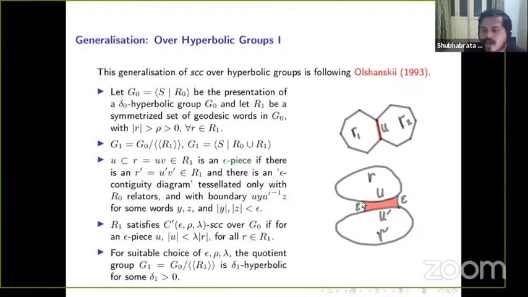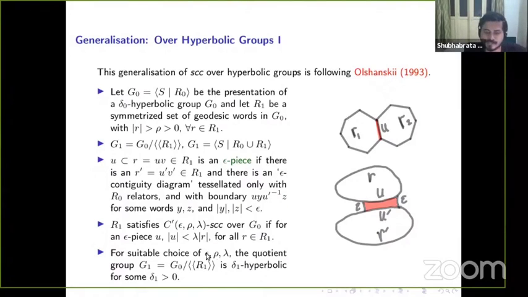So there would be large, long overlaps with the R1 relators of R naught relators, possibly. We want to avoid that. So we are looking only at R1 words, and R1 satisfies this small cancellation condition if an epsilon piece is less than lambda times this.